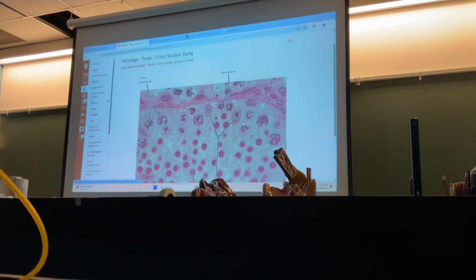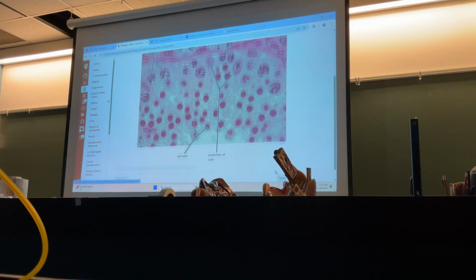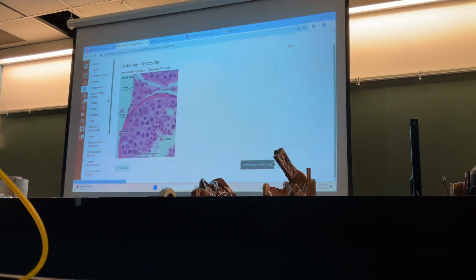And this is just getting closer. We can see our Leydig cells, you'll notice, like you've got the tubules here.